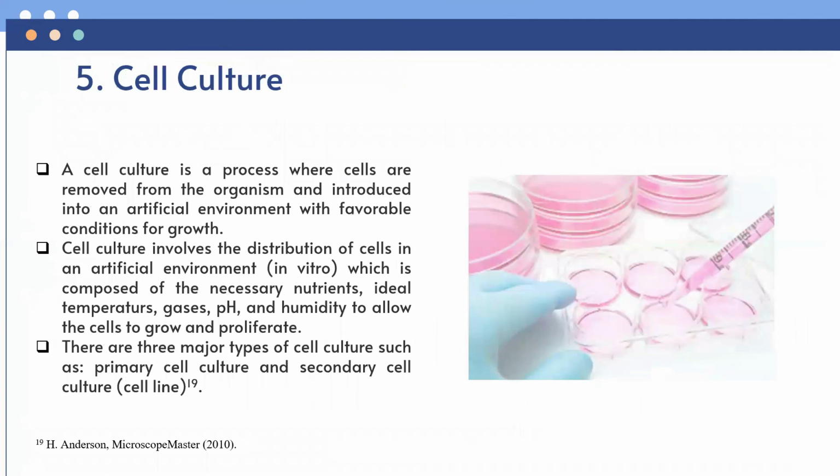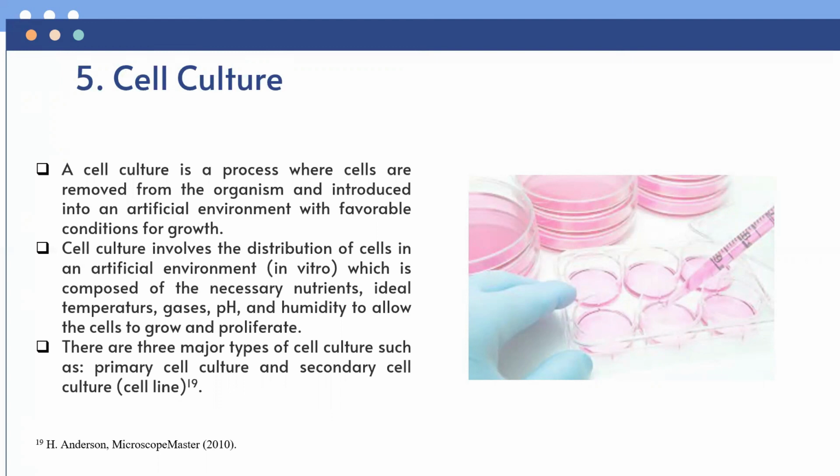The next technique in medical biotechnology is cell culture. Cell culture refers to the removal of cells from an animal or plant and their subsequent growth in a favorable artificial environment.